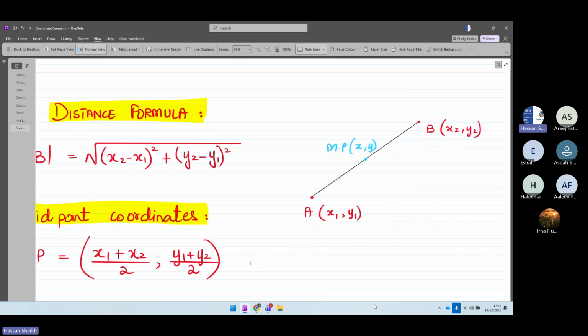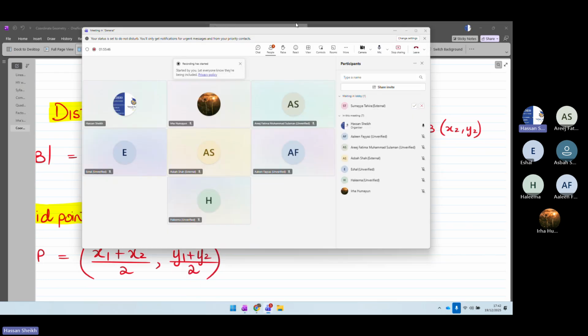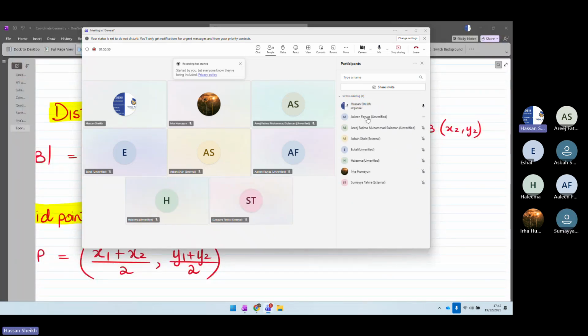Suppose we are on location A and we need to reach location B. So how will it find the distance? Simple. You know that location A on the graph must have x1 and y1 as the coordinates. Agree?